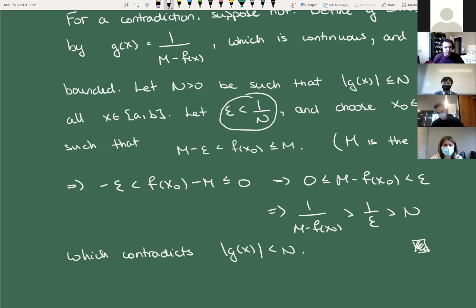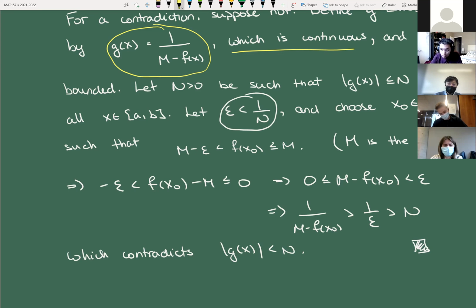What is g? It's a function, this function. So when you plug an x into that, you can actually evaluate what that function is. The entire point is I want this function to be continuous, and it is continuous as long as there's no value which makes that denominator 0. Because f is continuous, m minus f is continuous, and when you divide by continuous functions, it will be continuous anywhere the denominator is not 0.